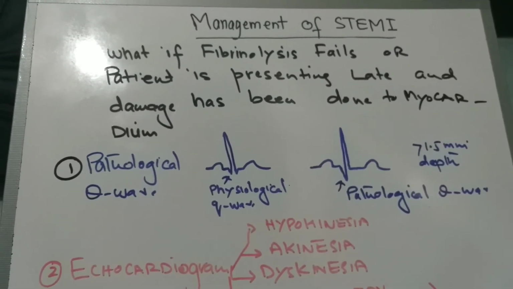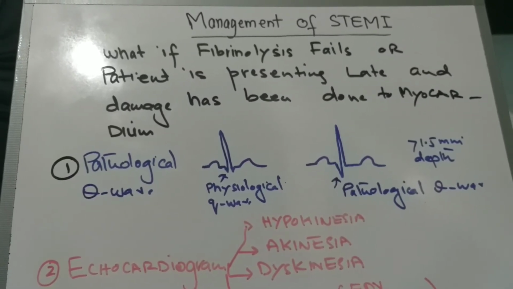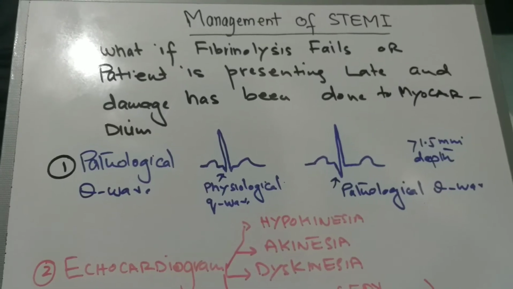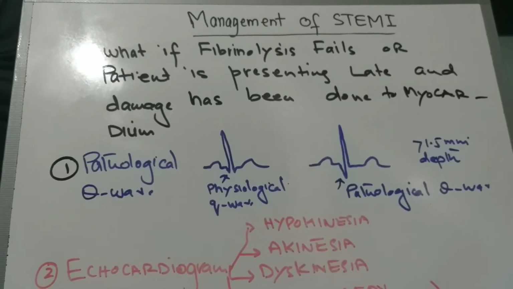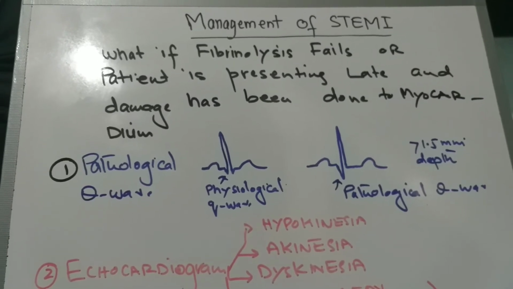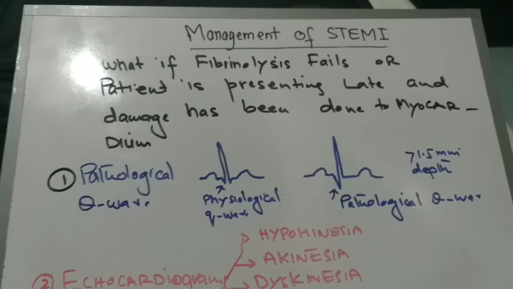So how can you, by looking at the ECG, tell that a patient in the past had any myocardial infarction? Normally, the Q wave, which is formed in the ECG leads because of the septal depolarization, is less than 1.5 millimeter in depth. This is known as physiological Q wave.